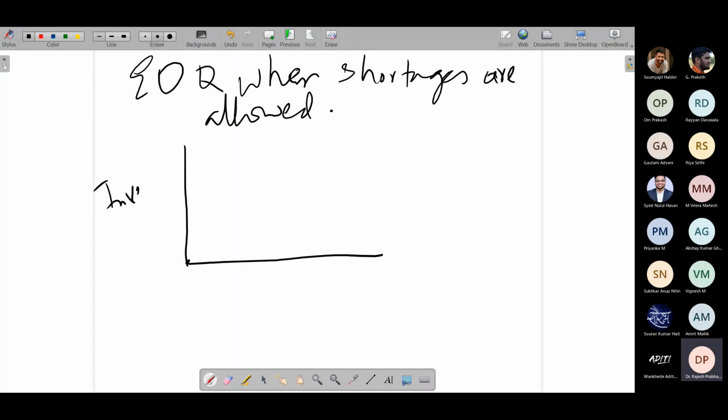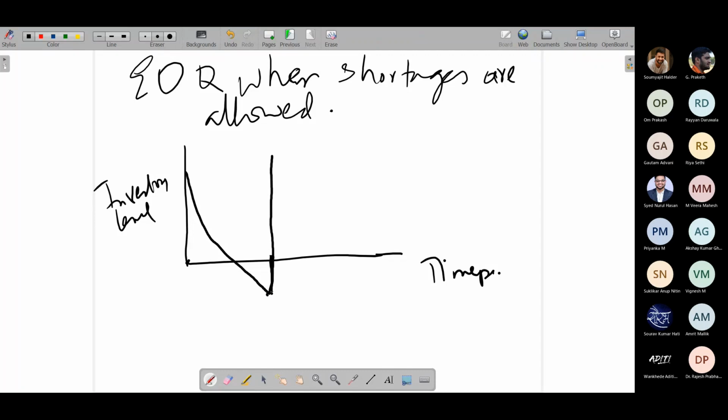This is your inventory level, and this is your time period. There is a shortage which goes down the level, and then it becomes a straight line, and again it goes to the shortage, and again it comes back.